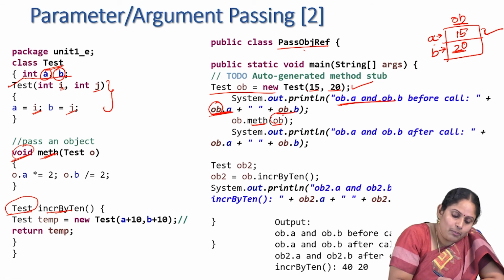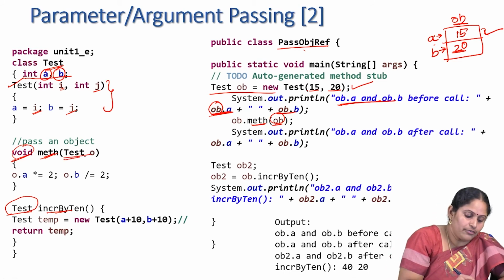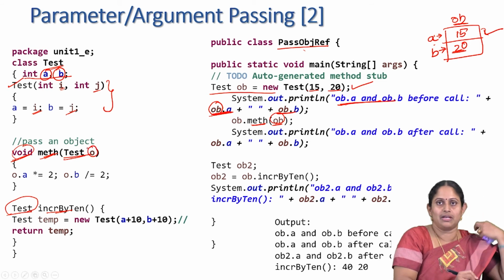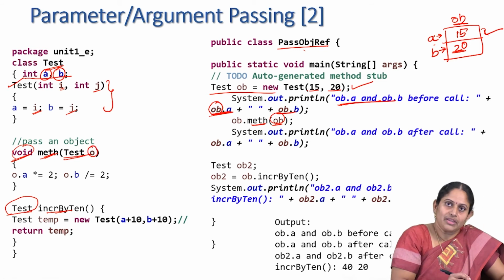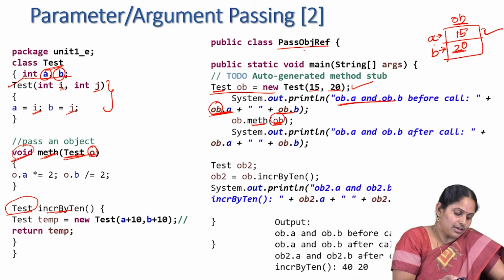Since OB is an object of the test class, the formal argument also should be of class test, and we are reading it into a formal argument O. So the type of that argument is test, and this is the name of that argument.